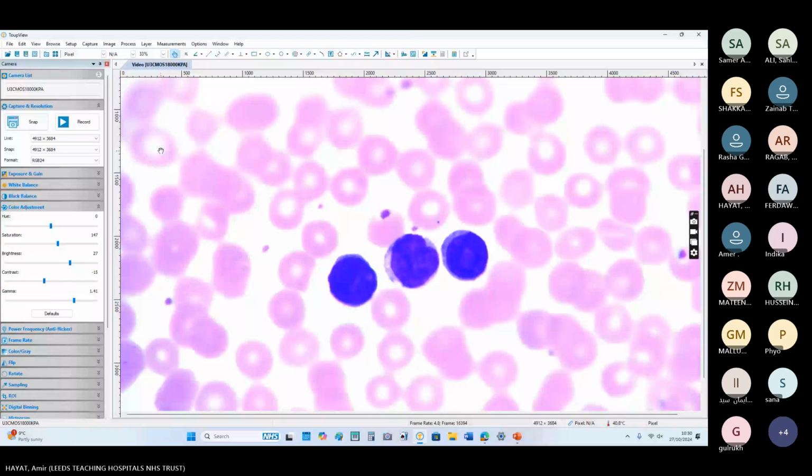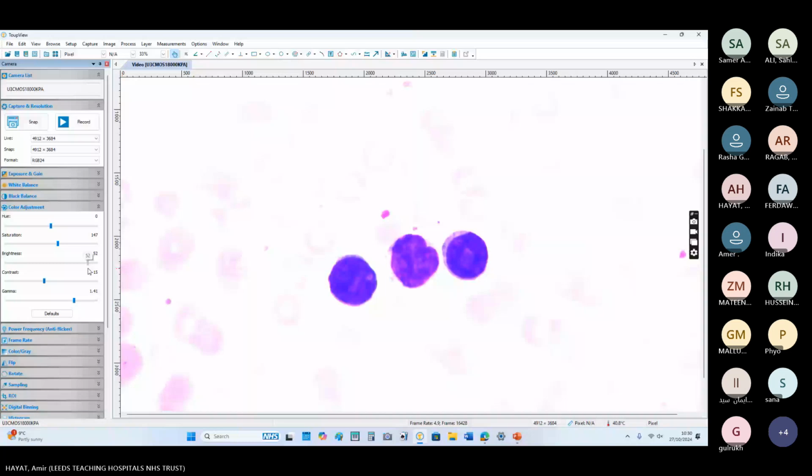Now these three cells, if I make them more clear. So what would be the percentage of these cells in the periphery for diagnosis? No, there is no need of any percentage of the cells.